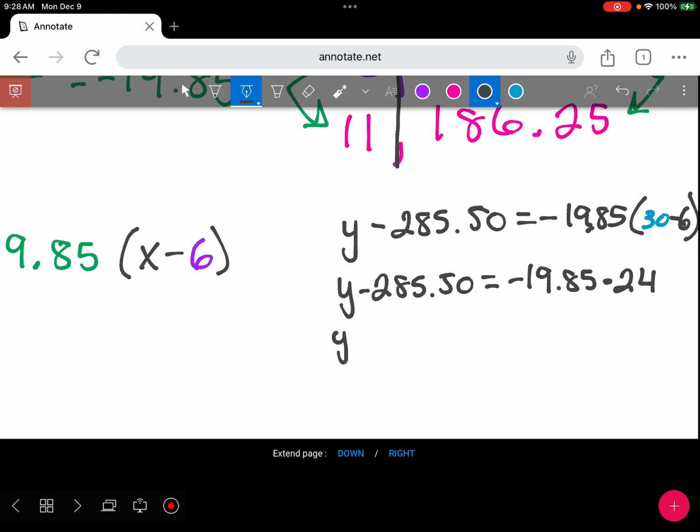So he has y minus 285.50 equals negative 476.40.